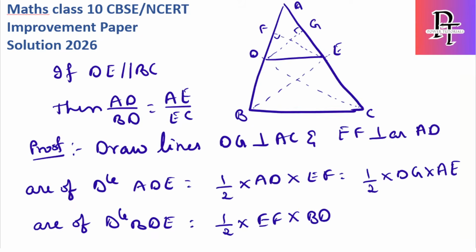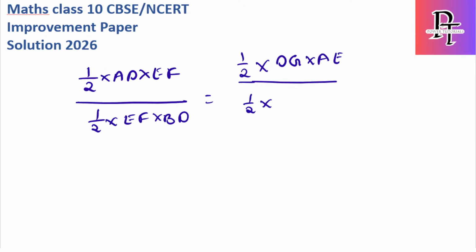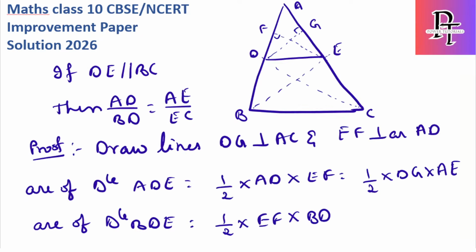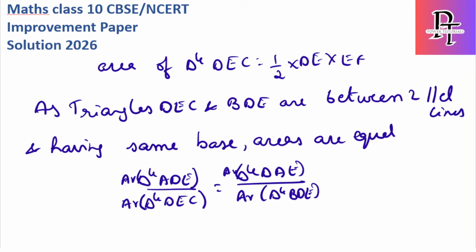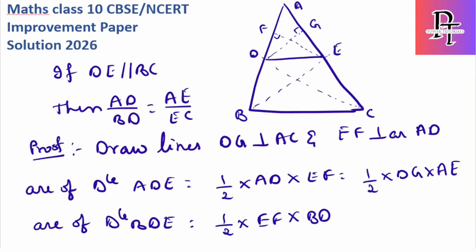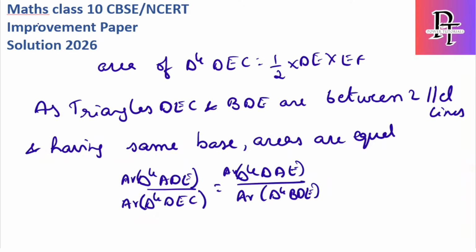Something is wrong. DG into AE is correct. Half into EC into DG, okay, this is wrong.